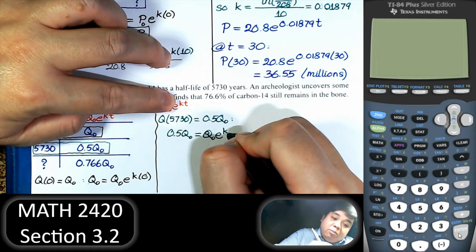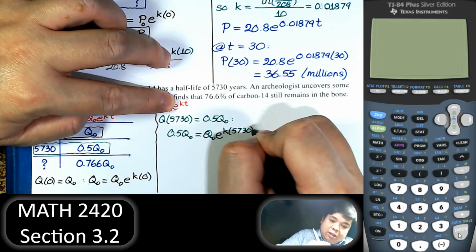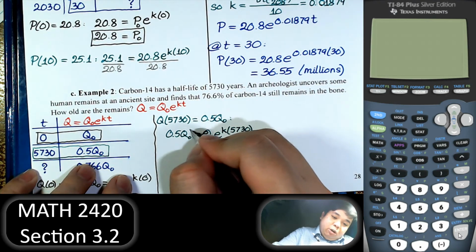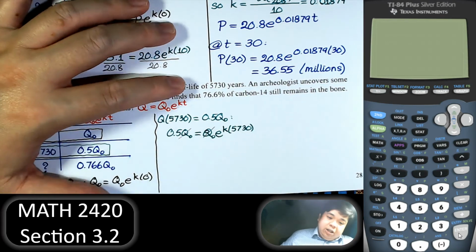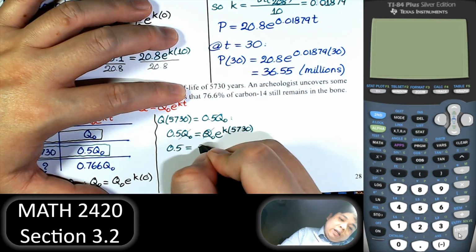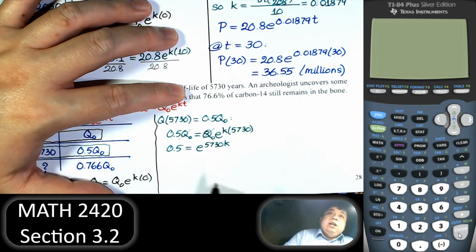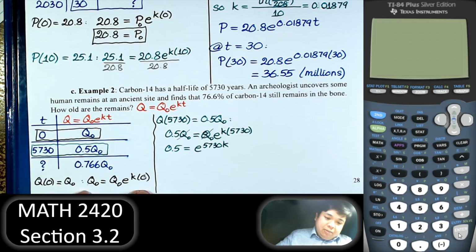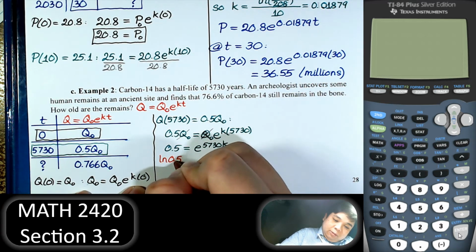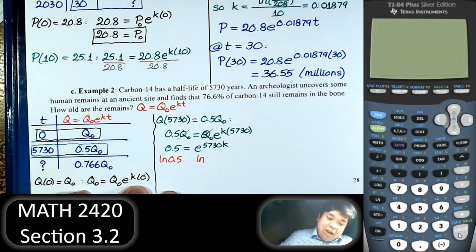We don't know k, but the time we know is 5,730 years. Now, divide by Q naught on both sides. That cancels out. We have 0.5 equal to e to the 5,730k. Take ln on both sides.